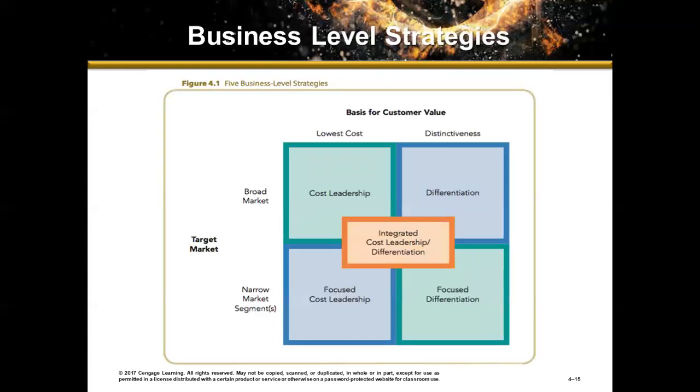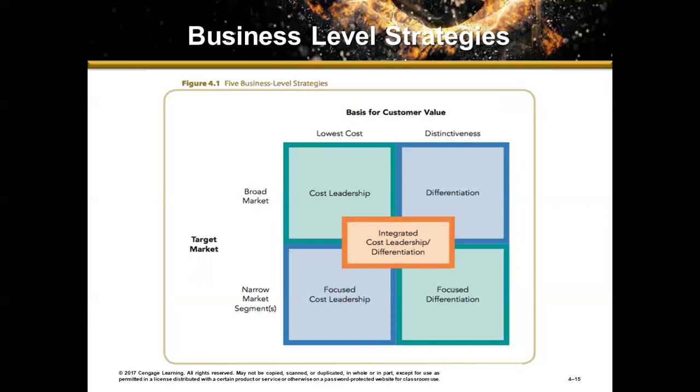We have here the five business level strategies. We have basis for customer value and the target market. So narrow market segment, the broad market, for basis for customer value, lower cost, and distinctiveness. Now, if we have a narrow market segment with lowest cost, then that's focused cost leadership. While if our target market is broad and it's lower cost, it's cost leadership.